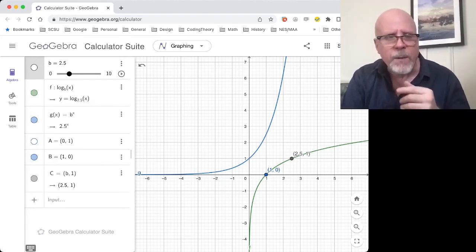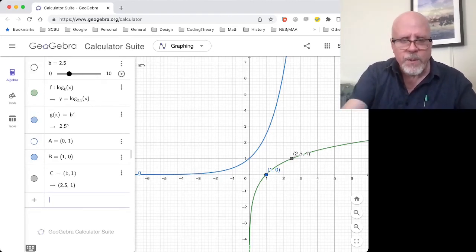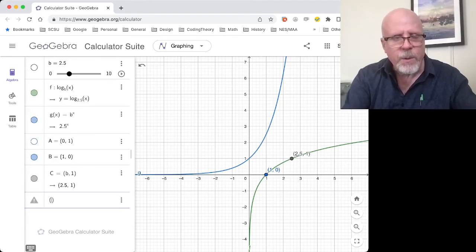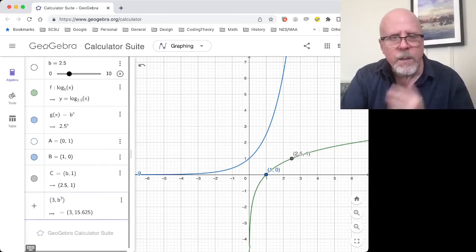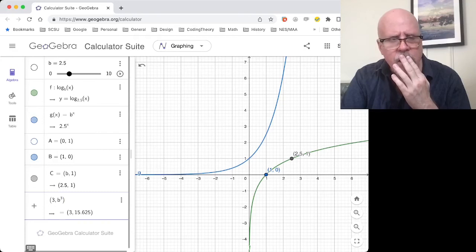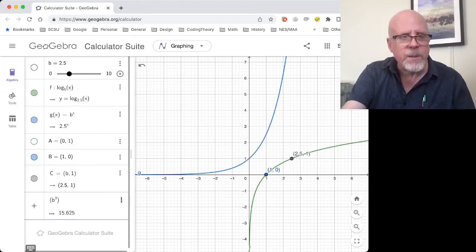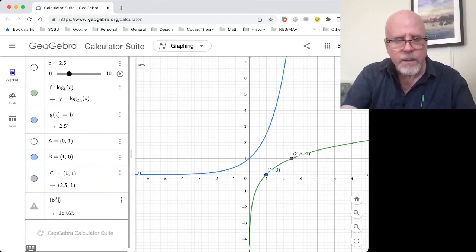Well, that's okay. I could probably do this with a function. Let's try. Suppose I wanted 3 and b to the 3 to be a point. Yeah, that would be on the exponential, wouldn't it? I'm doing this the wrong way around then, aren't I? I want to say b to the 3 and 3.